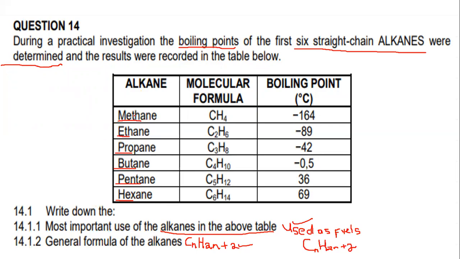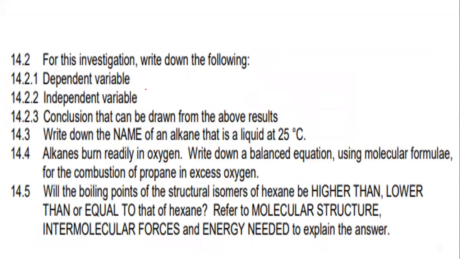So what is changing here, I can see that it is the chain length of the hydrocarbon. The molecule that we are using one after the other is longer than the previous one. So the length of the parent chain is increasing. So our answer there for the independent variable is the chain length.